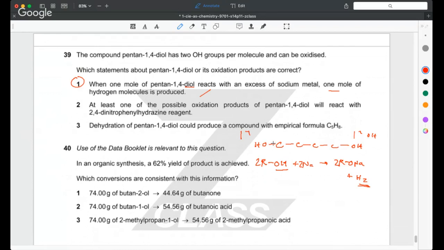Okay, so if you oxidize this, you can end up with an aldehyde, can't you? Because you're just reacting that one there. So an oxidation product of this possibly is an aldehyde, and the 2,4-dinitrophenylhydrazine reagent can be used to detect an aldehyde. And then finally, so that's correct.